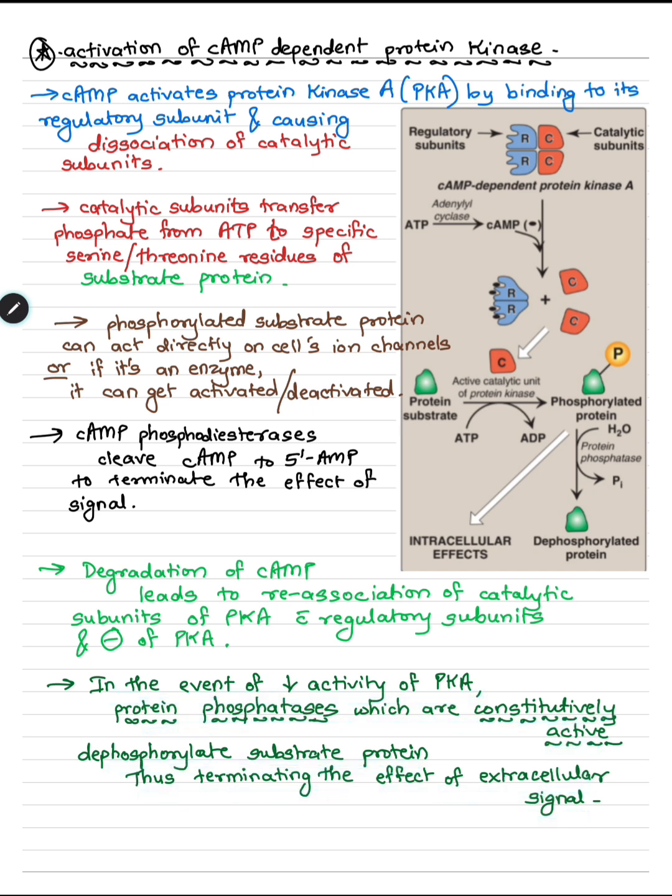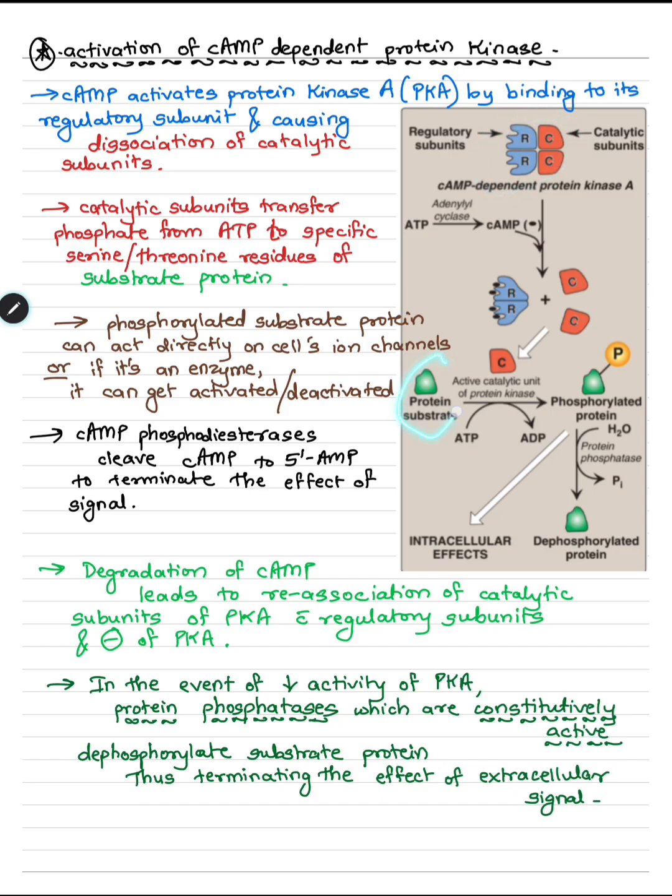So there are phosphodiesterases which the cell uses to control this effect of the signal. Phosphodiesterases will cleave cyclic AMP to 5' AMP, and if cyclic AMP is not there, these catalytic subunits of protein kinase A will bind to regulatory subunits and protein kinase A will become inactive.